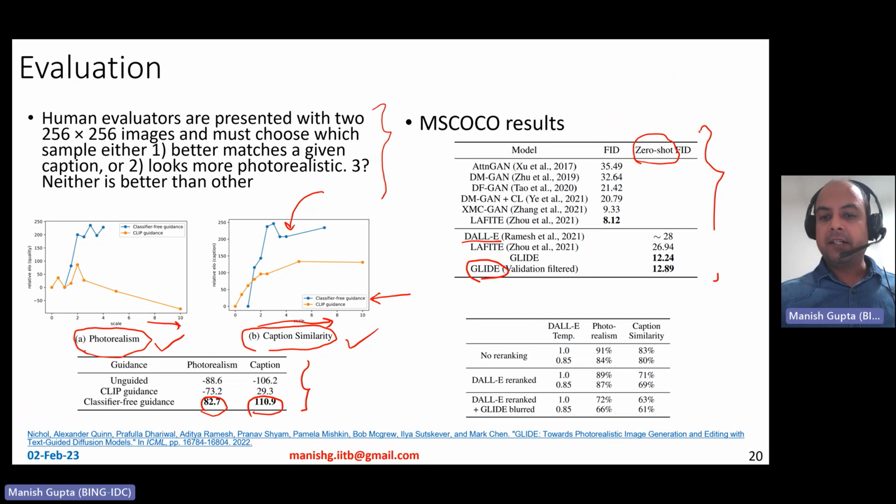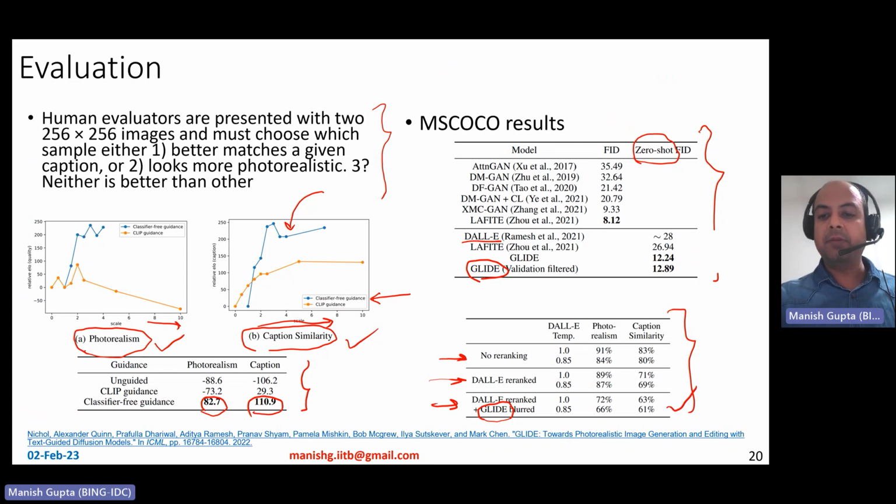People also compared GLIDE with DALL-E in terms of photorealism and caption similarity. What was found is that across different settings, whether you do re-ranking with DALL-E or not, or you on purpose try to reduce the quality of GLIDE by blurring the images, you still observe that more people prefer GLIDE compared to DALL-E.